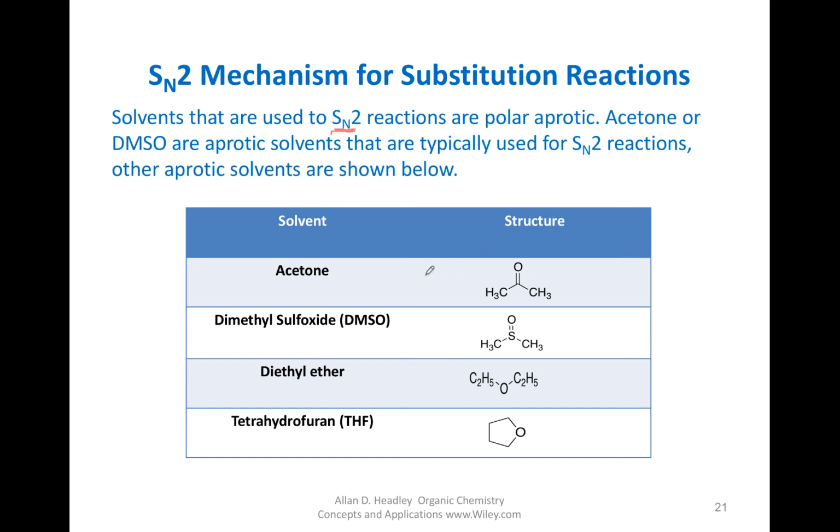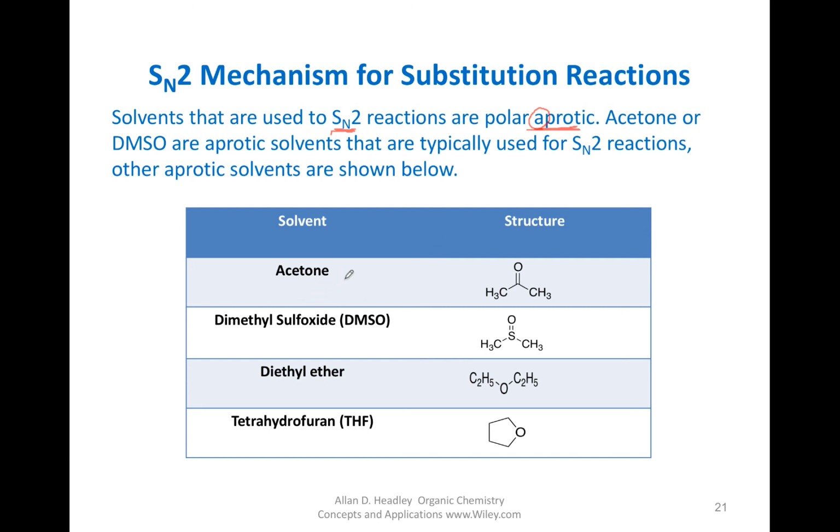We have to make sure that it is not a polar protic solvent. In other words, it should be an aprotic solvent. Aprotic does not have a hydrogen that's bonded to an electronegative atom, such as oxygen.